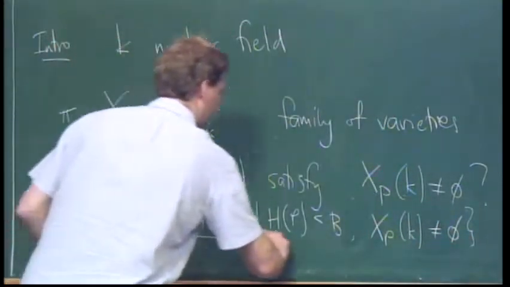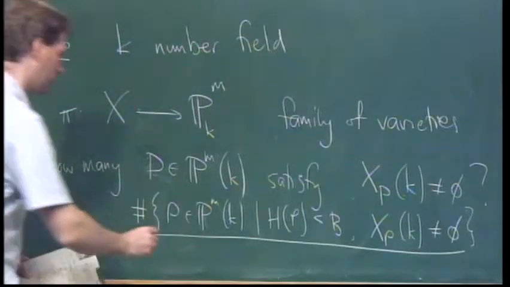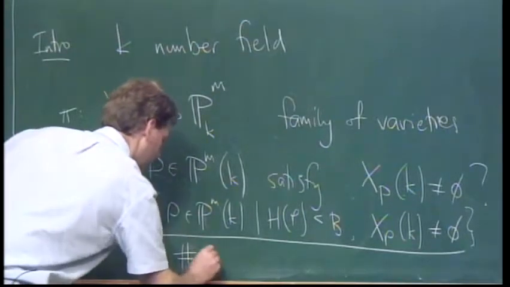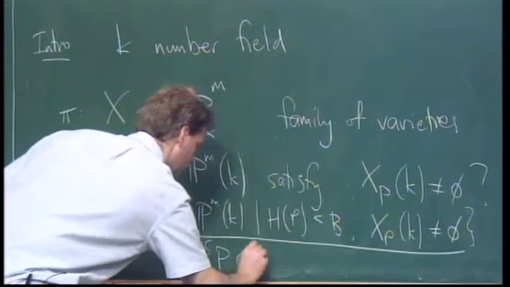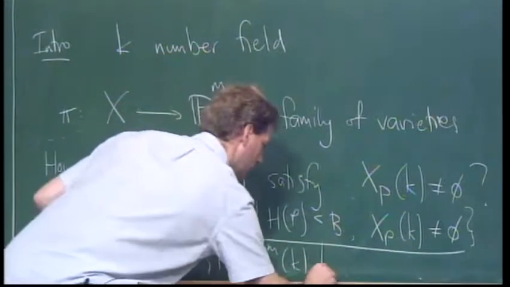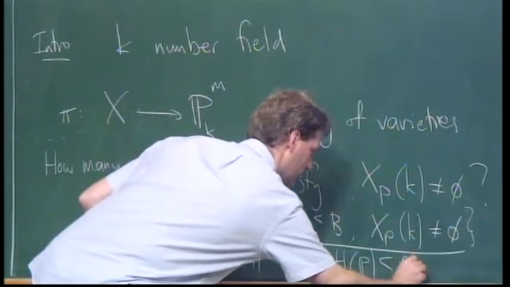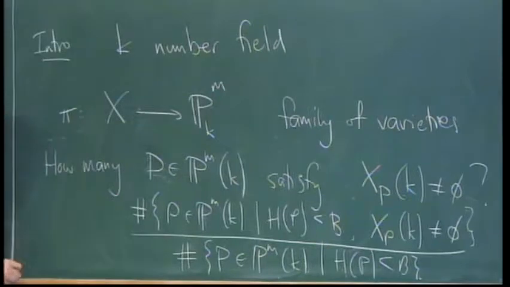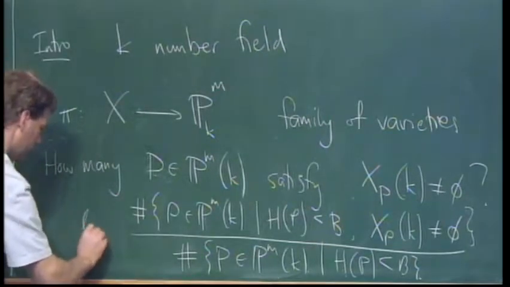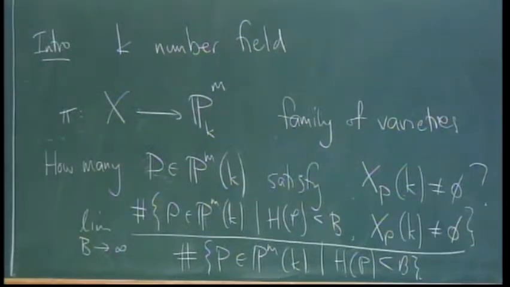And I want to divide that by just the number of points of height up to B in projective space. And I want to look at the limit of this thing as B goes to infinity. So that's what I really mean by how many.